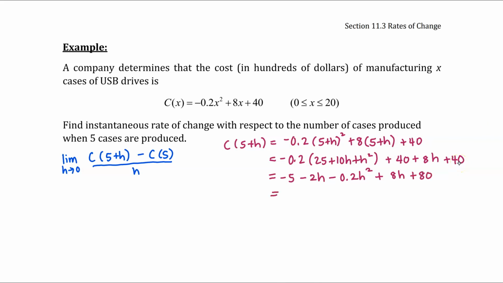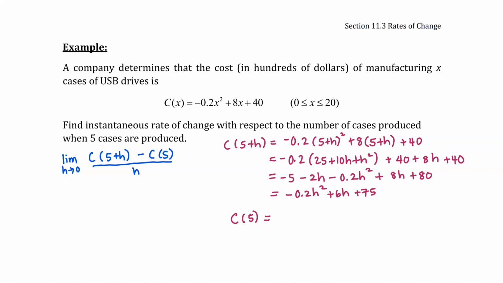Then you combine similar terms. We have negative 0.2H squared, negative 2H plus 8H is 6H, and 80 minus 5 is 75. Then we compute for C of 5.